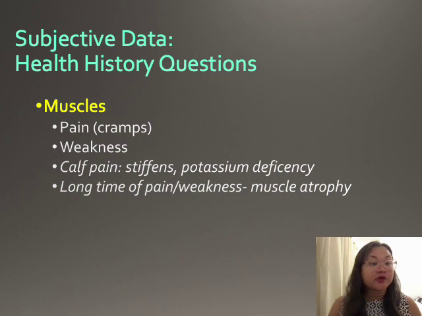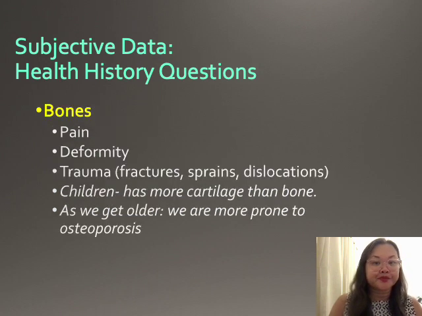How long have they noticed these signs and symptoms? Is it limiting their ability to be coordinated or to bear their weight? And you might ask them if they've noticed one muscle group not appearing symmetric to the other muscle group on the other side, right versus left.